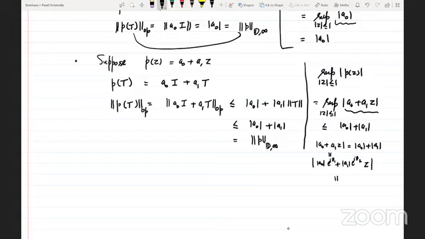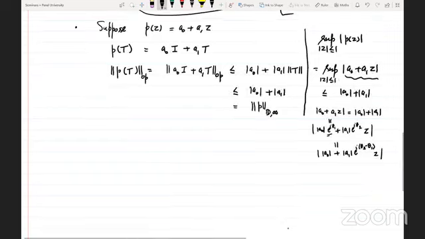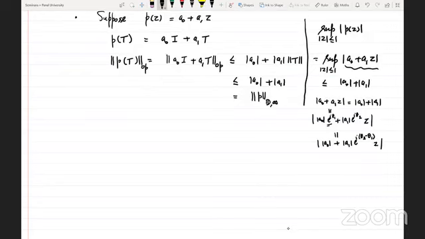Now, let's take e raised to i theta common from this. I mean, let's take it outside. So what happens? It becomes mod A0, mod A1, and then it is e raised to i theta 2 minus theta 1, Z. Now, okay, my aim was to choose a Z such that finally it becomes mod A0 plus mod A1. So what should be the natural choice? The natural choice should be to choose a Z such that this thing disappears, right?